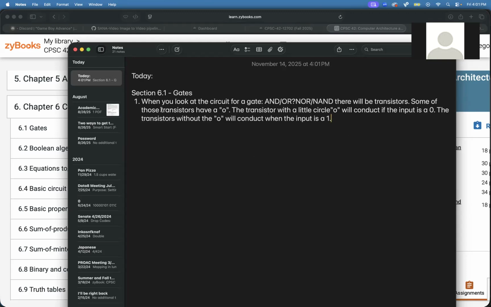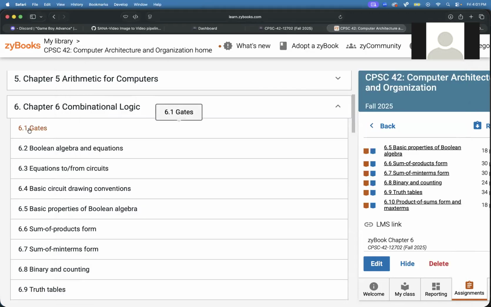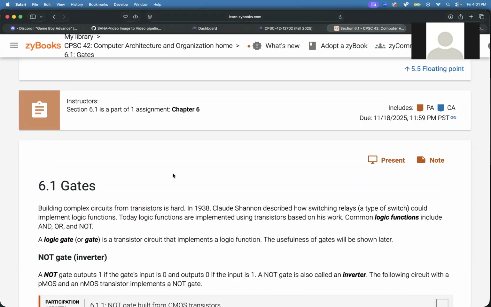If the transistor has a little circle on it, then that means it conducts electricity if the input is 0. If there's no little circle, that means it conducts when the input is a 1. Okay? So keep that in your head.